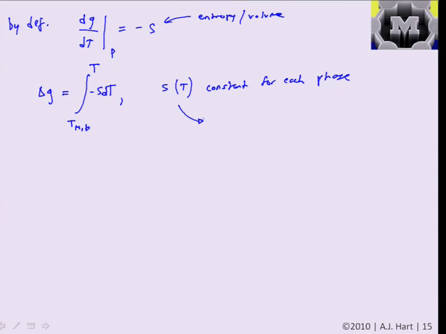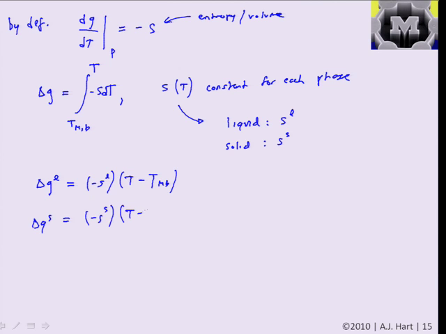So when I say assume that S of T is constant for each phase, what I mean is that for a liquid, we have a value S for the liquid, and for a solid, I have a value S for the solid. So then this just becomes a simple subtraction. The S pops out, and so for the liquid, we can say that delta G of the liquid is just minus the entropy of the liquid times T minus T mb, and the same thing for the solid.